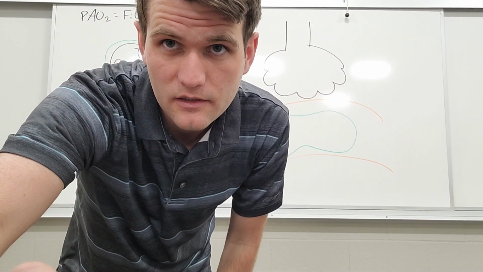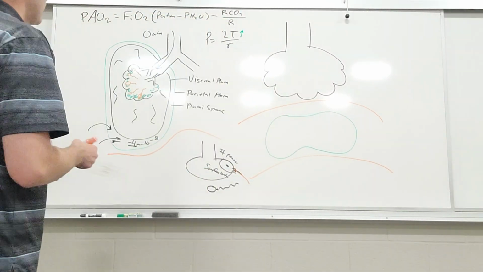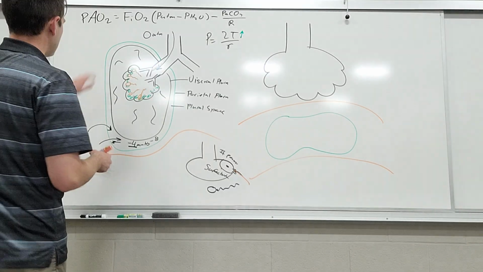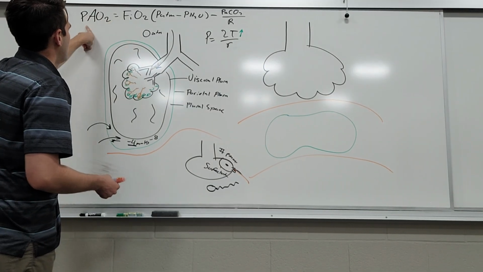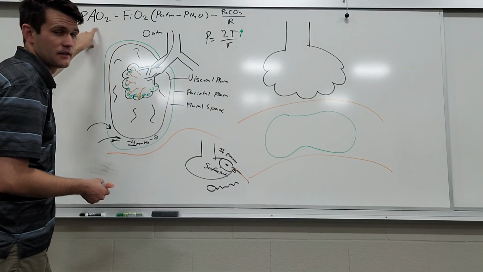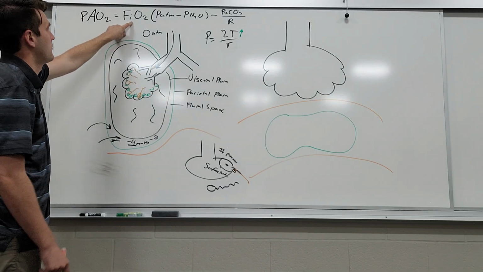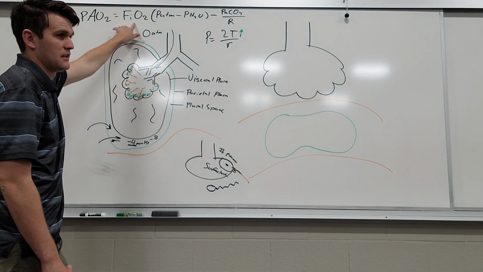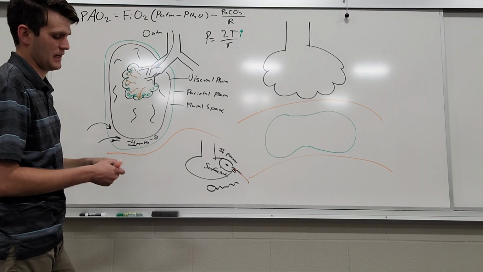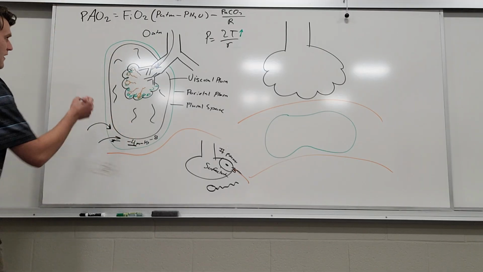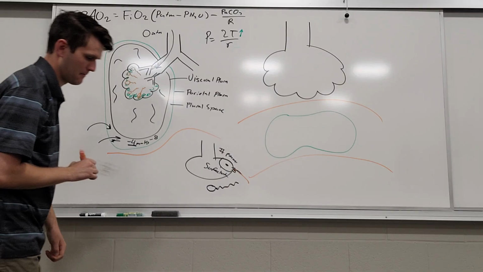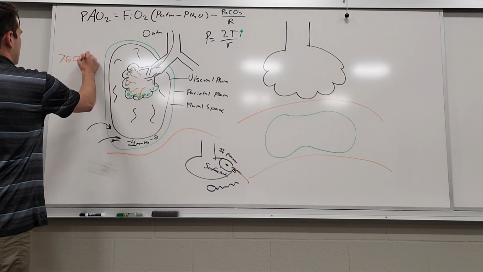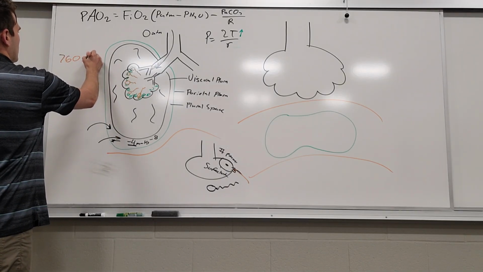Surface tension. Okay, now let's talk about the alveolar gas law, which is this equation right here. So we have our alveolar pressure of oxygen is equal to our fraction of oxygen. So that's how much oxygen they're actually getting. In the air, there's about 760 ATM, or torr.